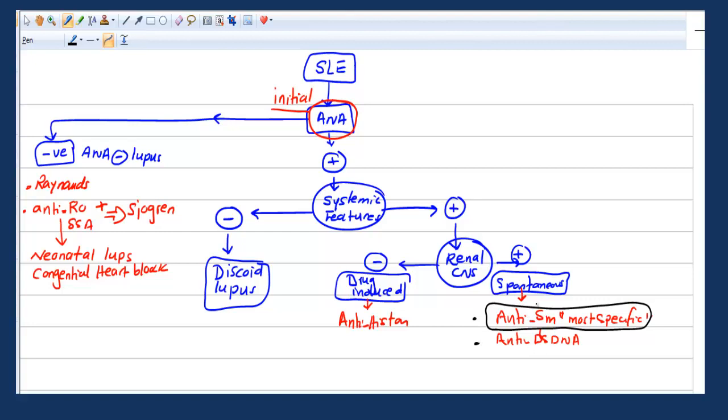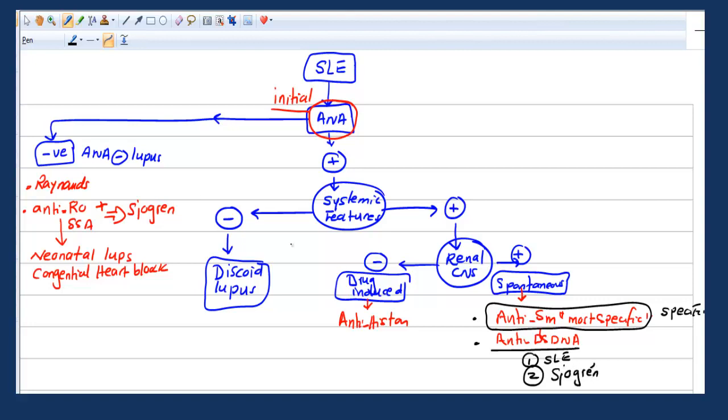Okay, forget it. The most specific is anti-Smith. The second one will be anti-DNA. Why? Anti-DNA usually indicates either SLE, which is usually the case, or could also be present in Sjogren. That's why I put it second.